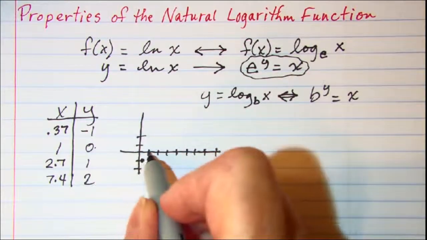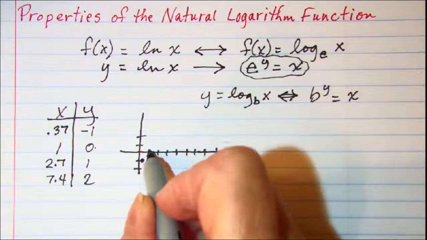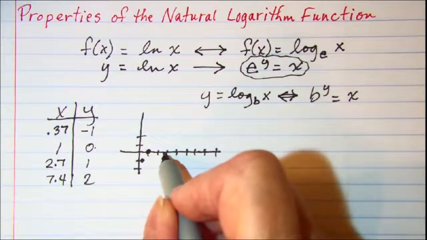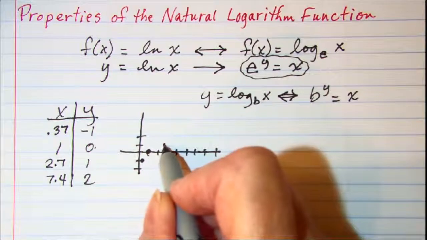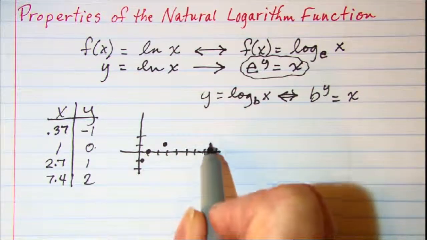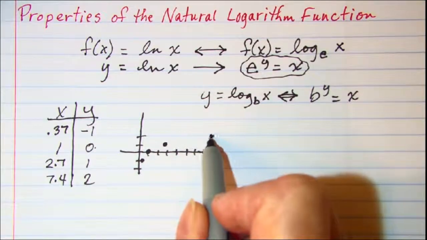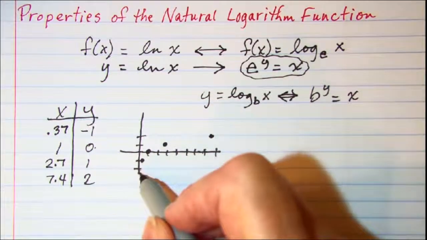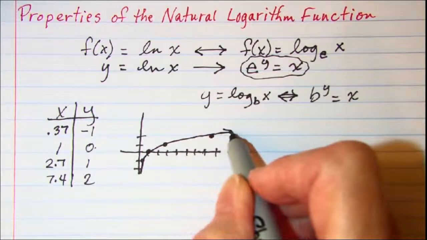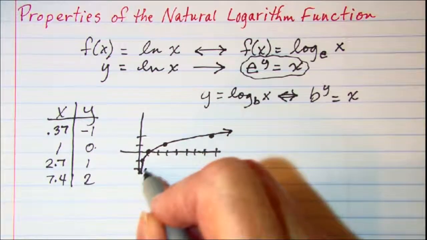When x is 1, y is 0. When x is 2.7, y is 1. And when x is 7.4, y is 2. So my graph looks something like this for the logarithm function.